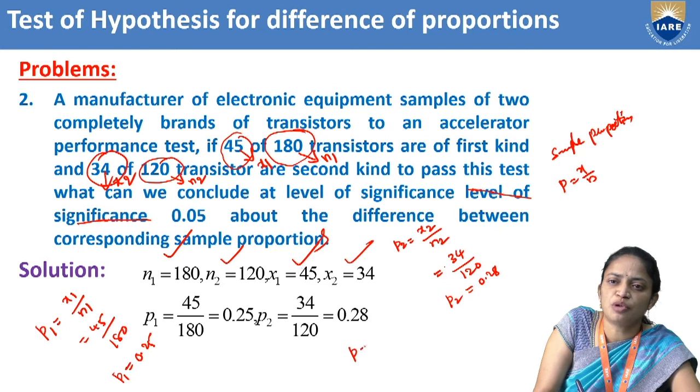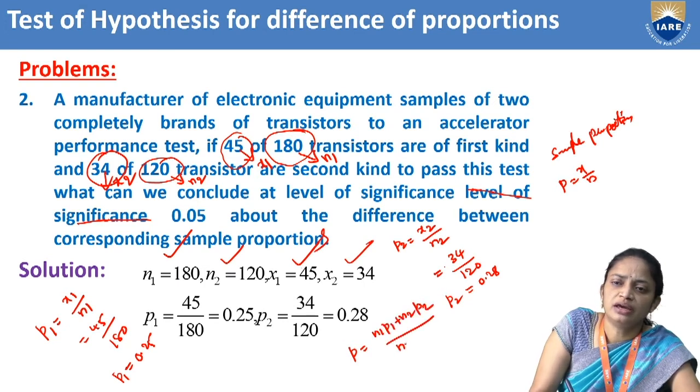Now we need to find the small p value. Small p equal to n1 p1 plus n2 p2 divided by n1 plus n2.